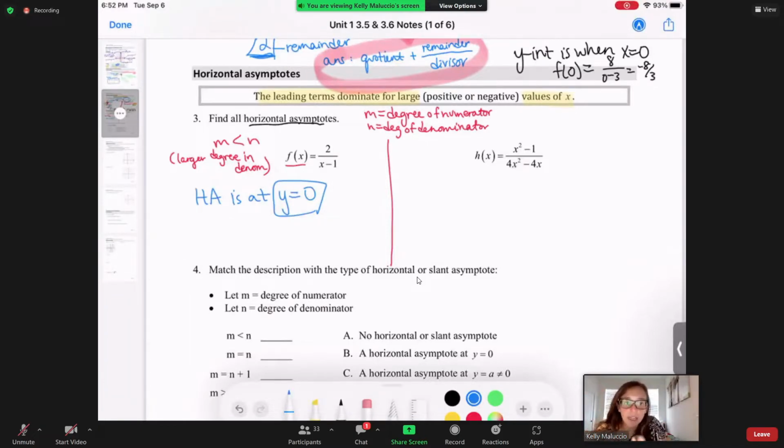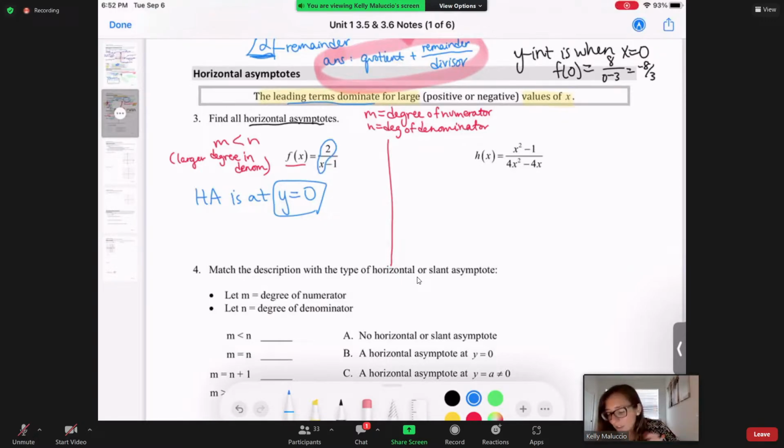But the reason this happens is because if we focus on the leading terms, the largest terms, this 2 in the top stays, but the -1, if I have infinity plugged into x, infinity minus 1 is still going to be huge, right? It's still going to be real close to infinity.